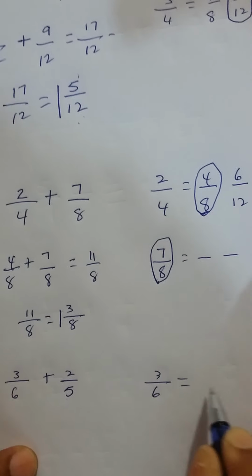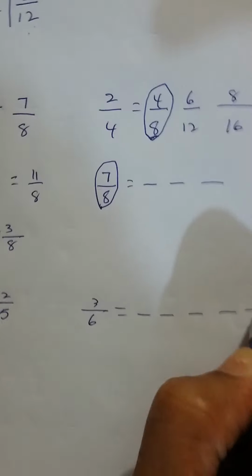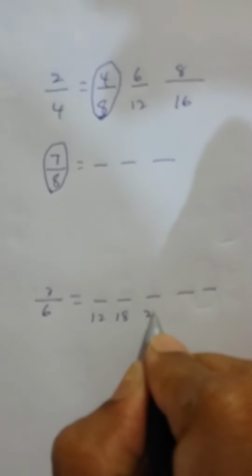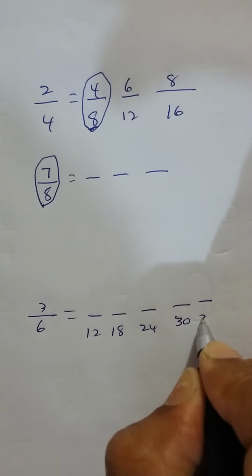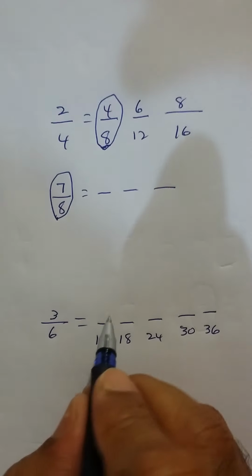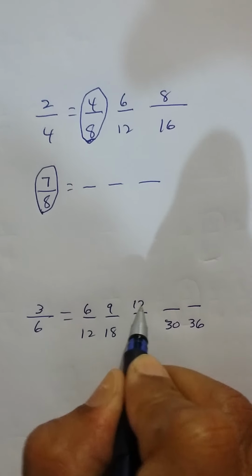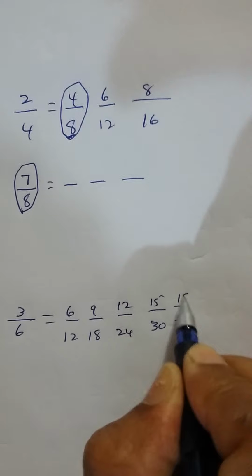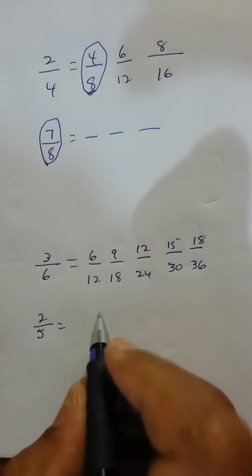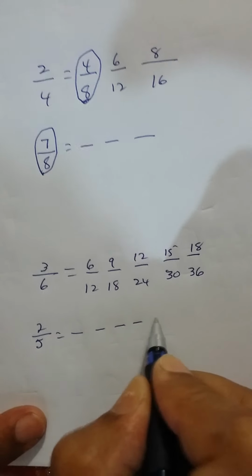3/6 is equal to 1, 2, 3, 4, 5, 6; 12, 18, 24, 30, 36. Yeah, so 3, 6, 9, 12, 15, 18. And let's try 2/5 here now. 2/5 equals 1, 2, 3, 4, 5.